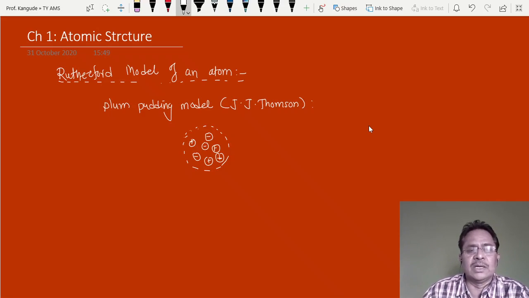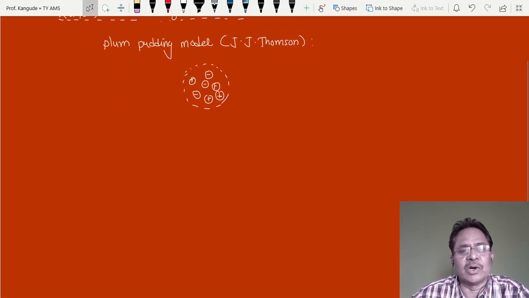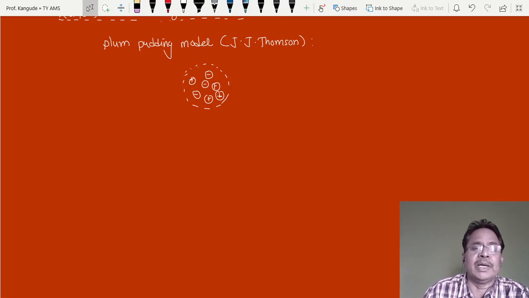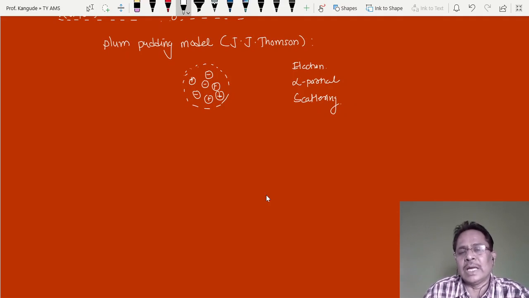Thomson. So Rutherford further investigated whether this model is correct or not, and for that he suggested one simple experiment, because, as I said earlier, the concepts of the electron, the alpha particle, and scattering experiments were known at that time.